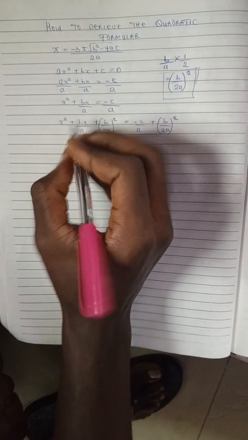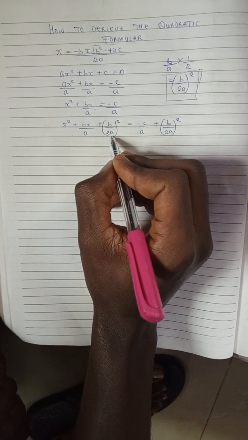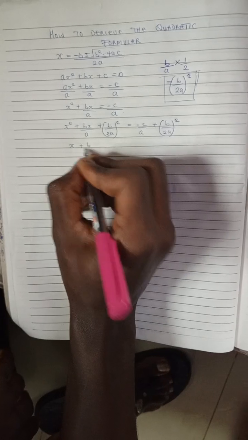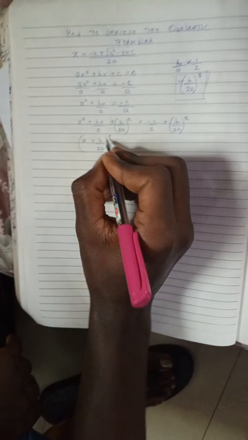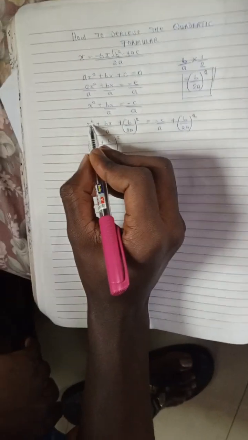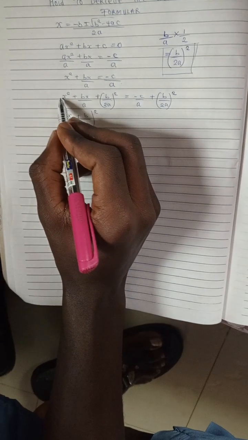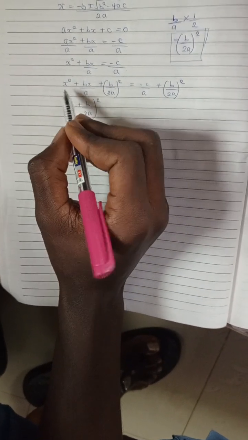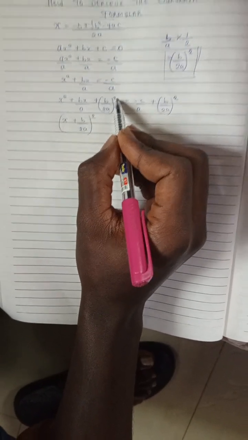Now the next thing, everything here, x squared plus bx over a plus b over 2a raised to power 2, will give us x plus b over 2a, everything raised to power 2. How did I get x plus b over 2a raised to power 2? You consider the two terms that carry the square. On this left hand side, those are x squared and b over 2a squared.